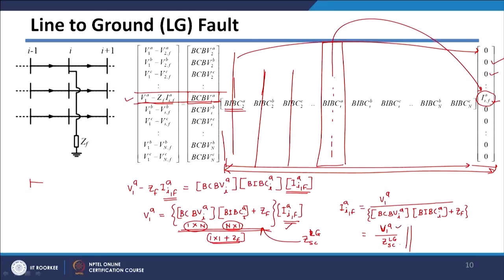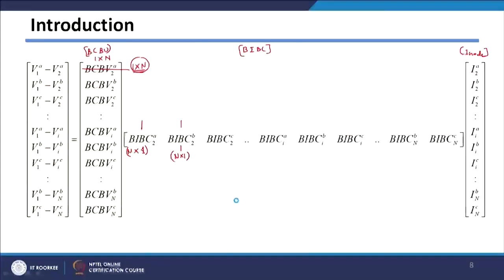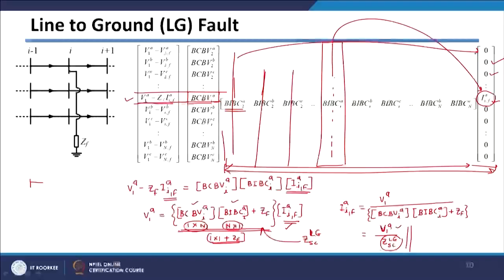We calculate this just from the BCBV and BIBC matrices, which, as we have seen earlier, are based on the line impedances and the topology of the network. These matrices are generally available, and the fault impedance value is also available, so from this I can get the fault current for A phase.